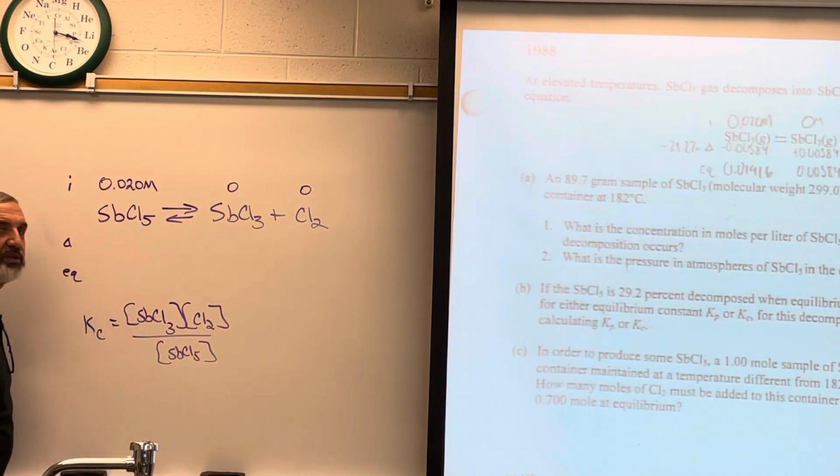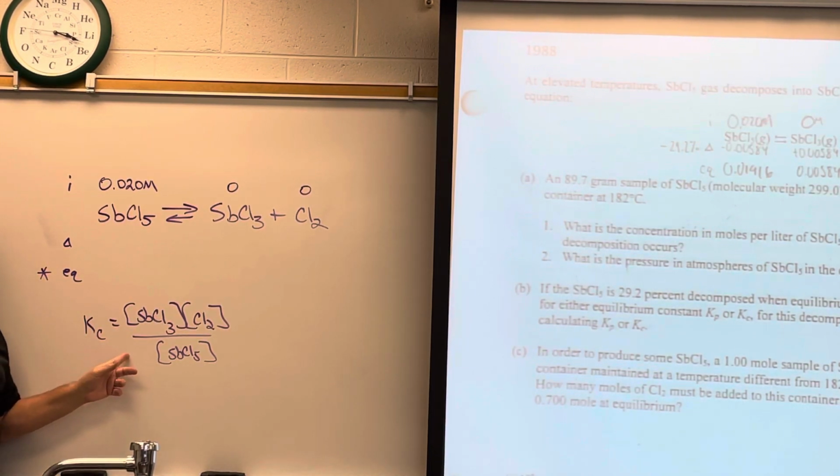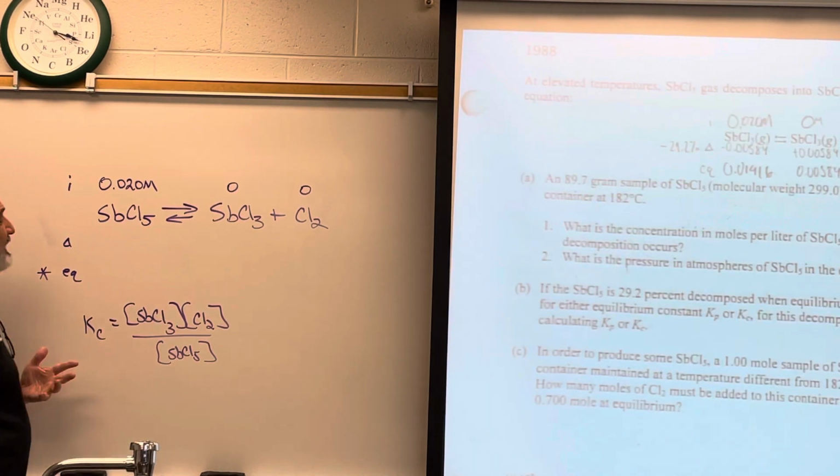Now again, problem solving, y'all. If this is the question, I have to know all three of these. I cannot have two variables. I know initial, but these are equilibrium. I have to know my equilibrium concentrations to put them into the equilibrium expression. So I need to know my change.